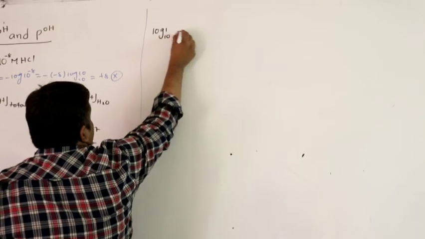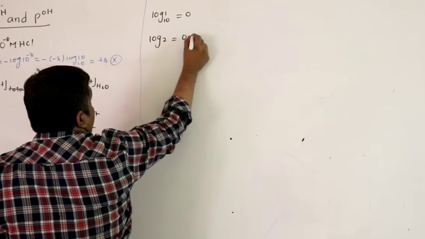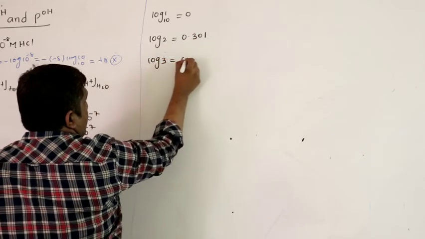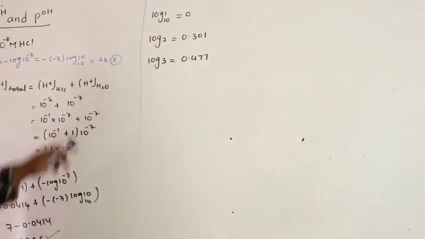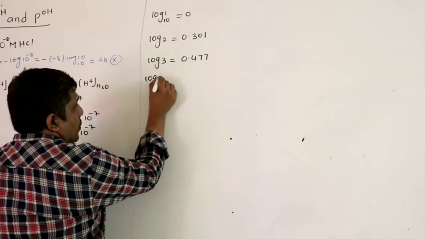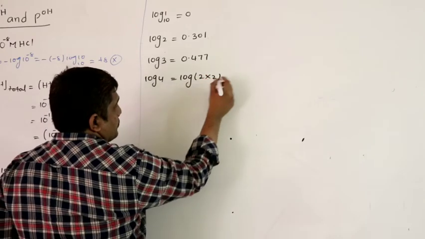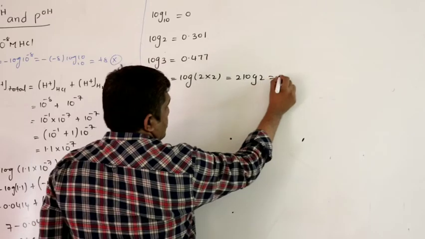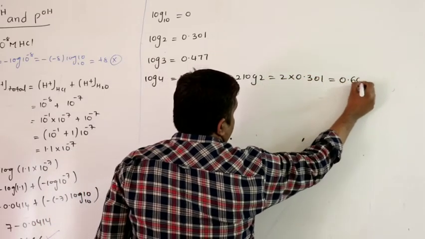Log 1 to the base 10 is 0, log 2 is 0.301, log 3 is 0.477. Log 4 you can write as log 2 into 2, which is 2 log 2. So 2 into 0.301 is 0.602.